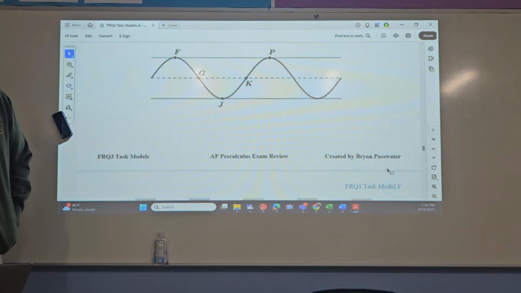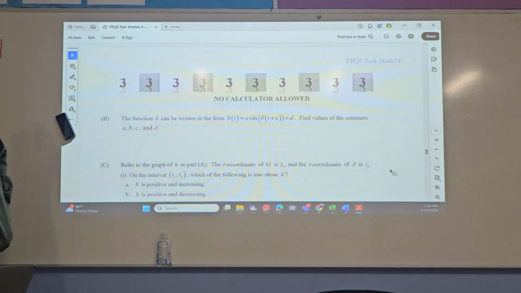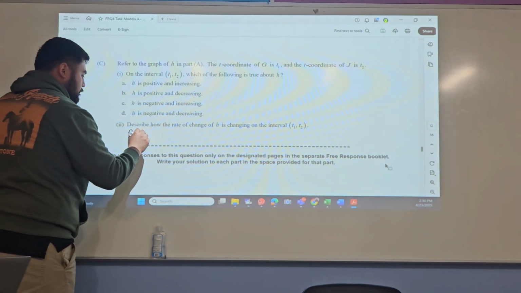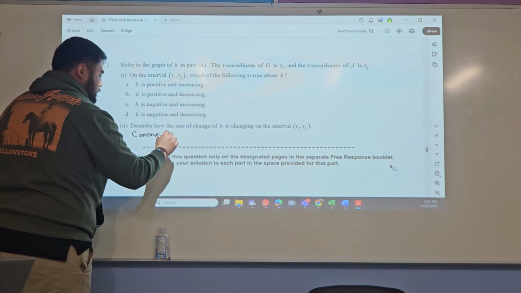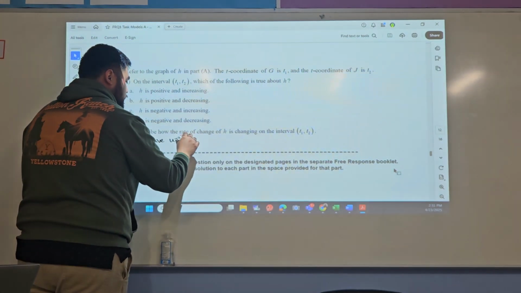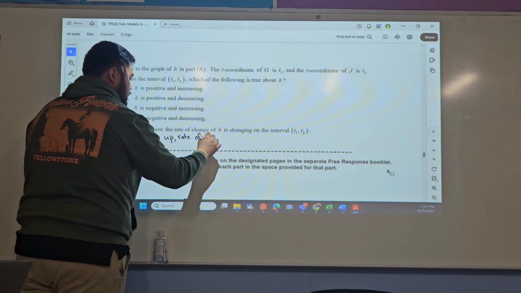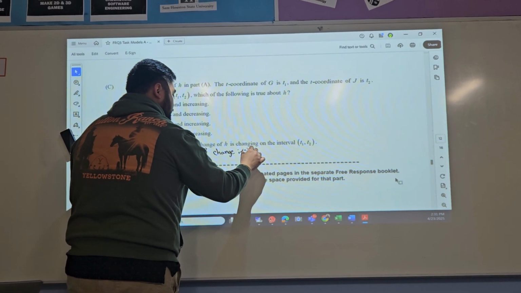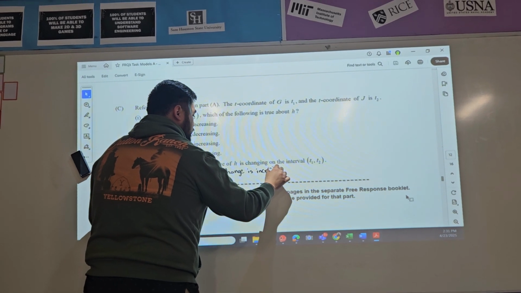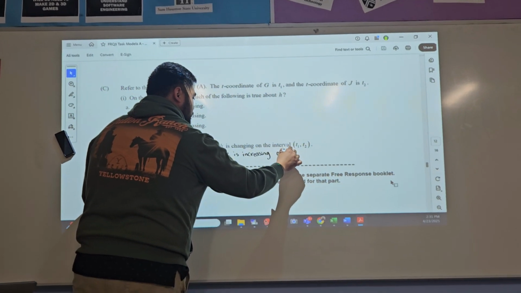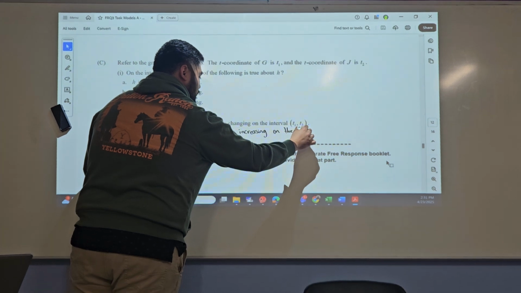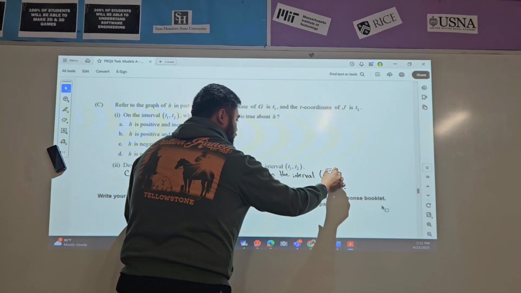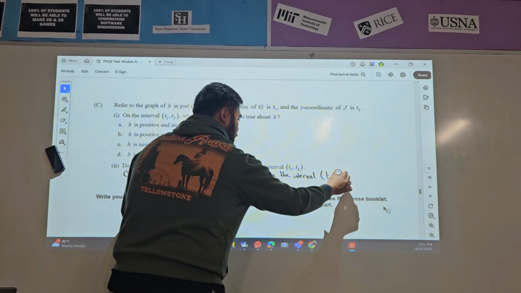So if I go to the question and try to answer it, this is obviously concave up, and you can say rate of change is increasing on the interval T1, T2. There you go.